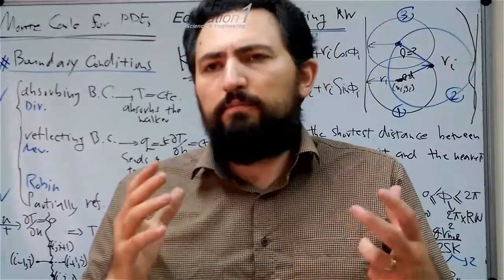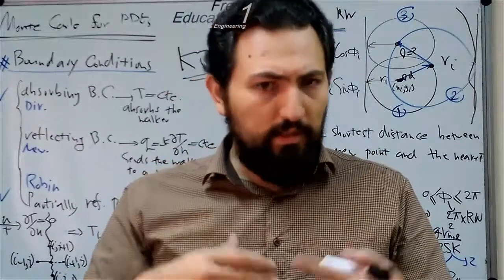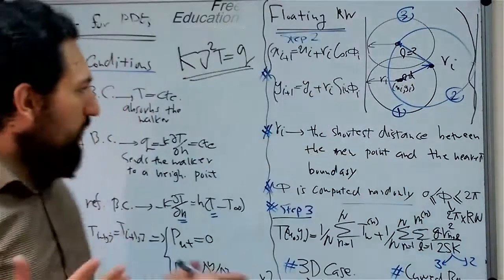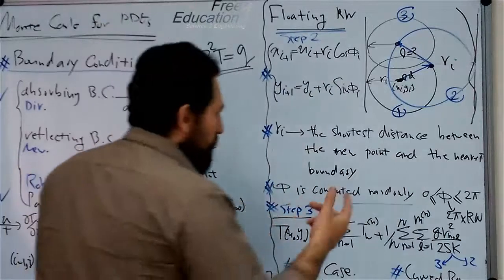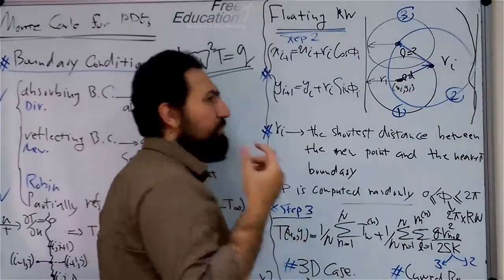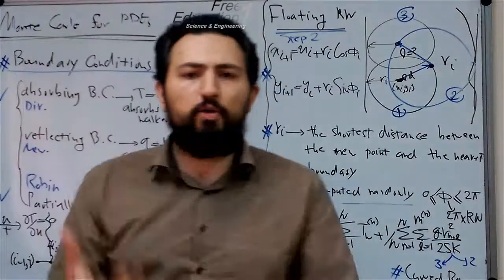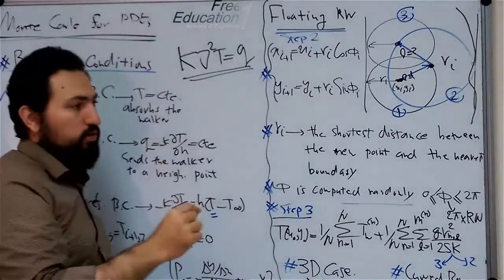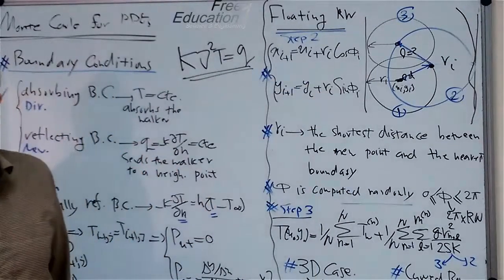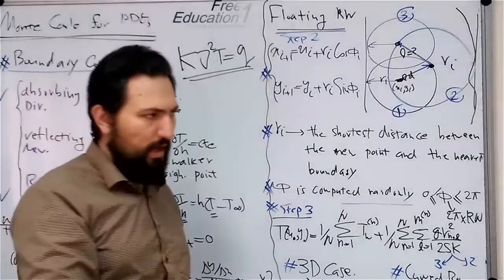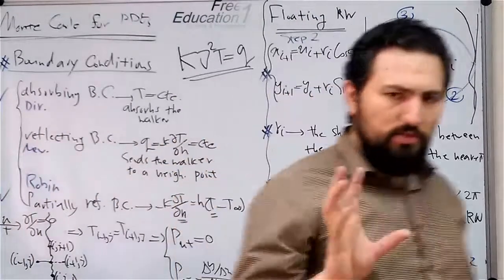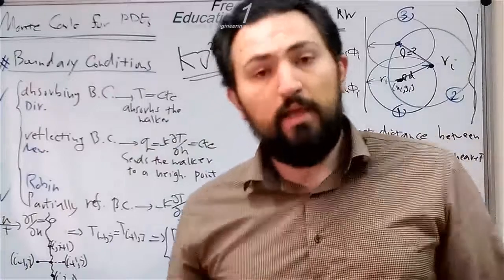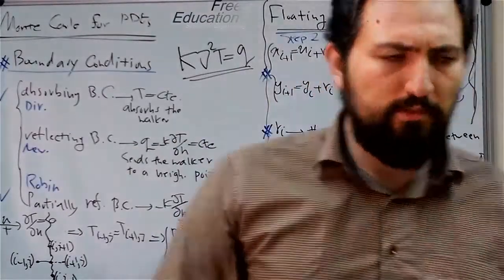I don't have grid spacing or anything else. So I want to perform the random walk process using two-dimensional polar coordinates. In this part, I just explained the two-dimensional case. You can easily extend my explanations to three-dimensional cases using the spherical coordinates.